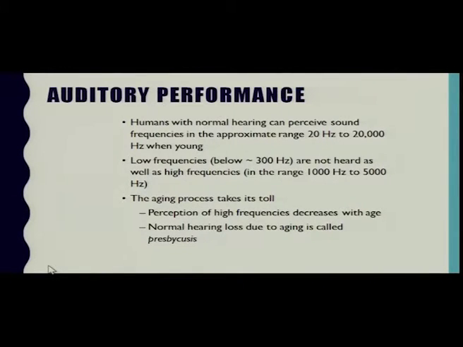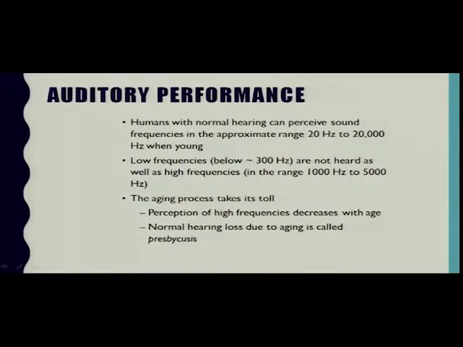In this lecture we basically cover auditory performance as well as other sensory organs which are utilized by the human body to interpret the information around us. As far as auditory performance is concerned, there are certain analogies between the hearing and visual senses.